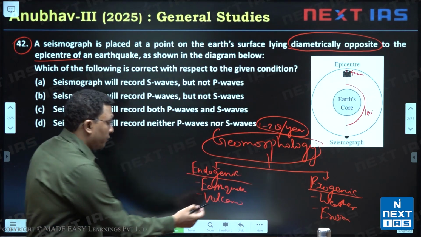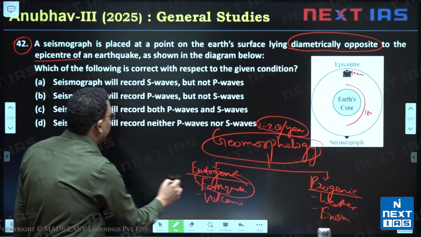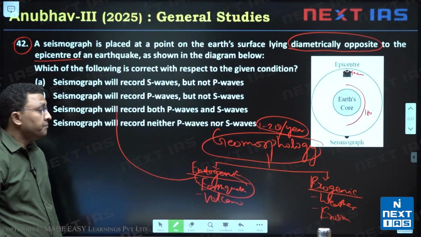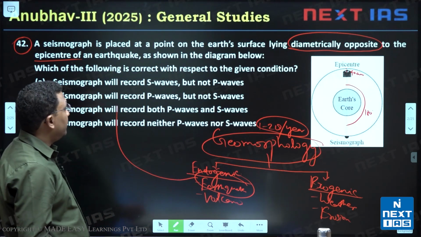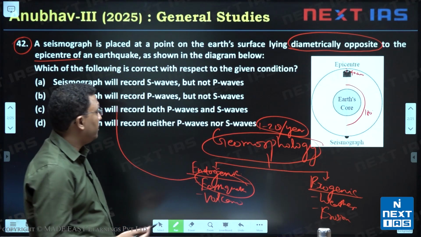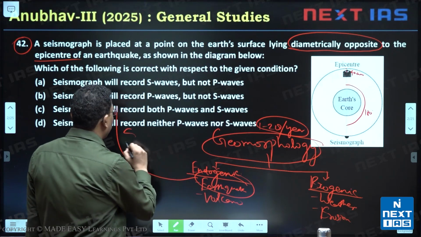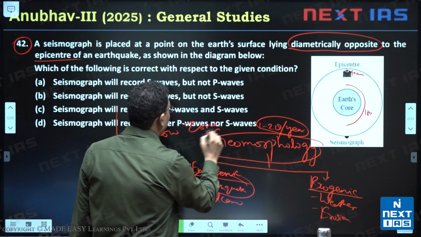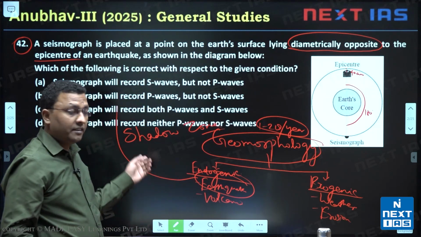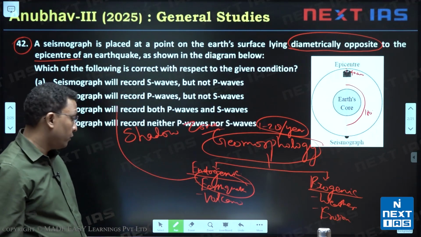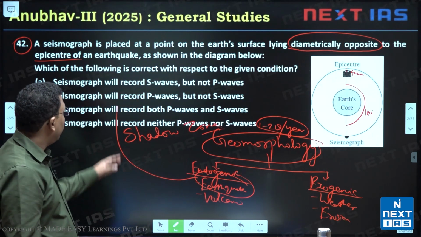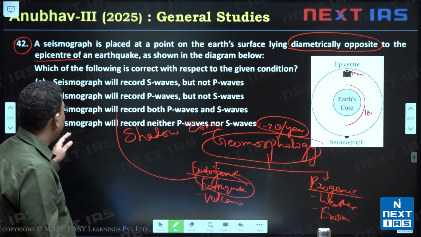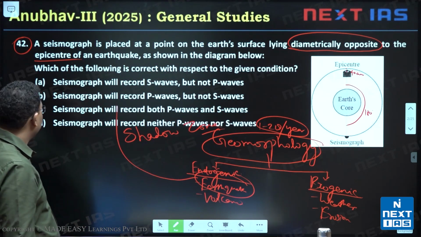So that's why a question based on earthquake has been put in your test here, right? And if you see, this particular question aims to test your knowledge of shadow zone, right? So this particular question is based on the concept of shadow zone. So first we will see the underlying concept and then we will come back to our question.